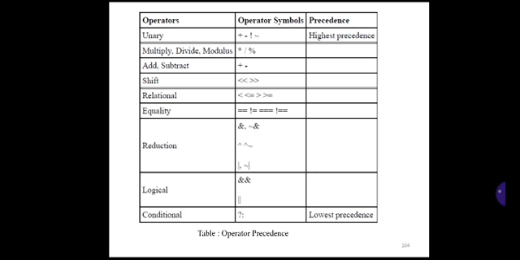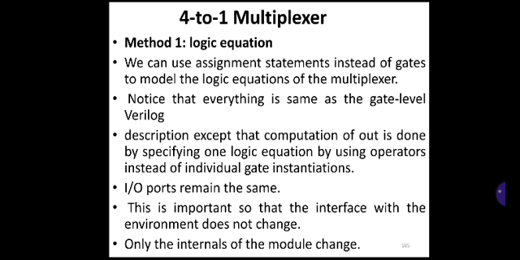So this is how the operator precedence is given. Within the same operator precedence group, you can evaluate from left to right. Whichever operator comes on the left side will be evaluated first. Otherwise you can put the operators in parentheses to avoid the ambiguity.